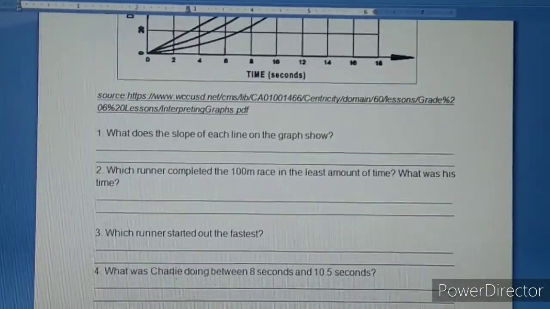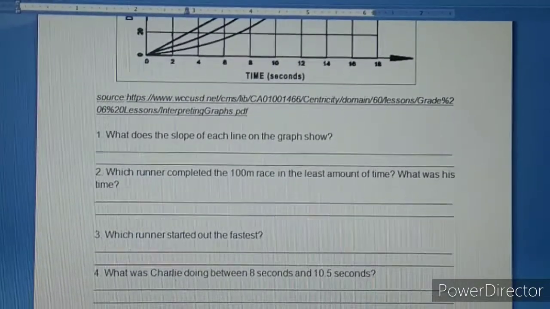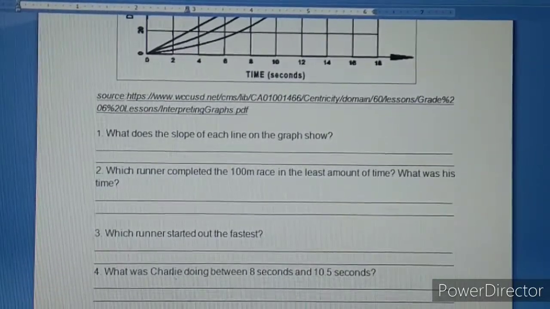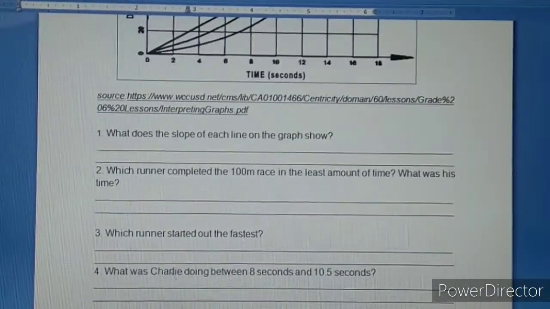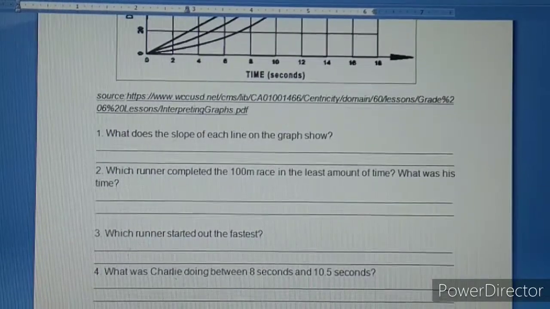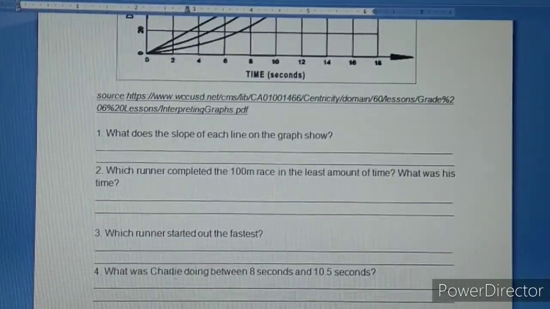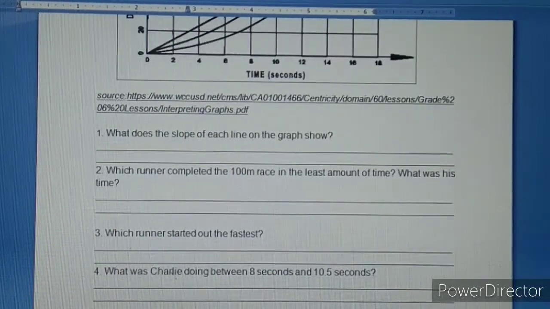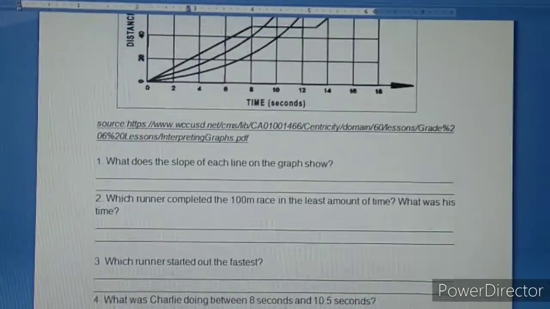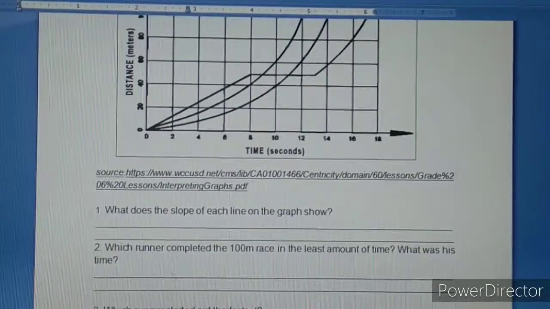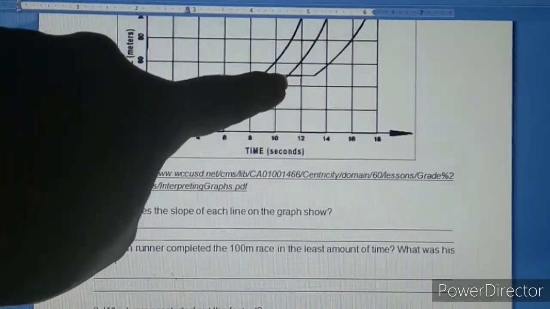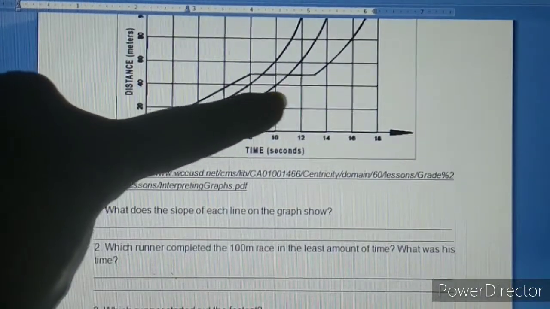Now let's move on to number 4. What was Charlie doing between 8 seconds and 10.5 seconds? Let's go back to the graph. So here, from 8 seconds up to 10.5 seconds.